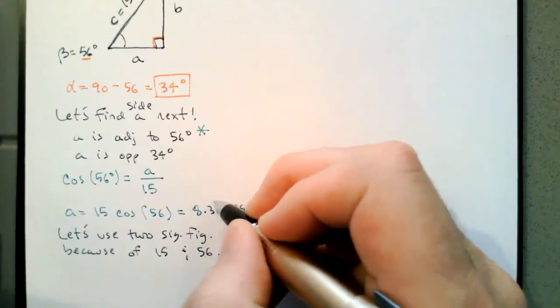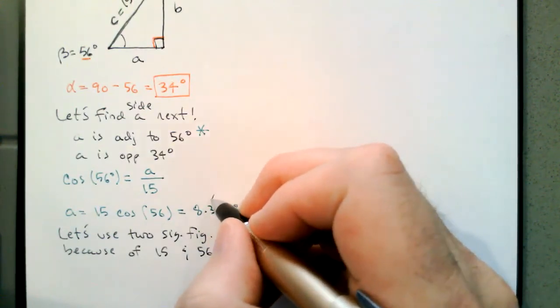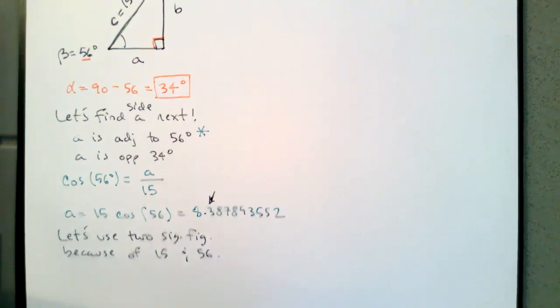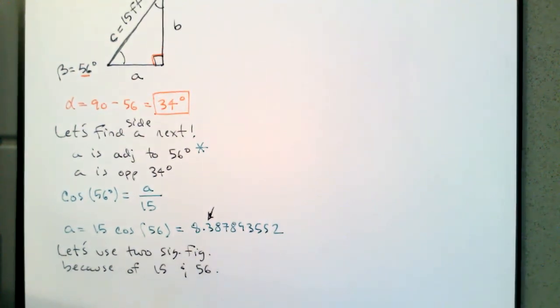I'm going to have 8 and then the 3, so I'm going to round at the second significant figure. That's going to be 8.3, but the next digit, 8, is more than 5, so we're past halfway to 8.4. So I'll say A is 8.4 feet.